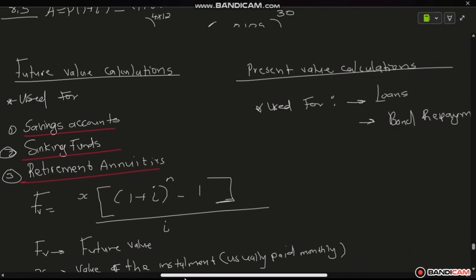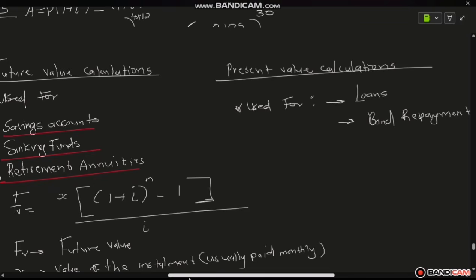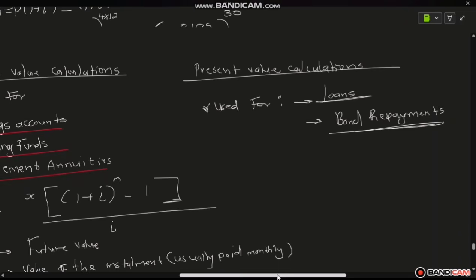Present value calculations are used when payments are made on a regular basis in order to pay back a loan. So the money is received and it is also paid back. So we use present value in such cases.